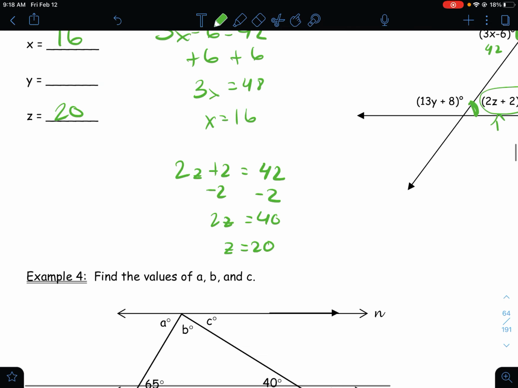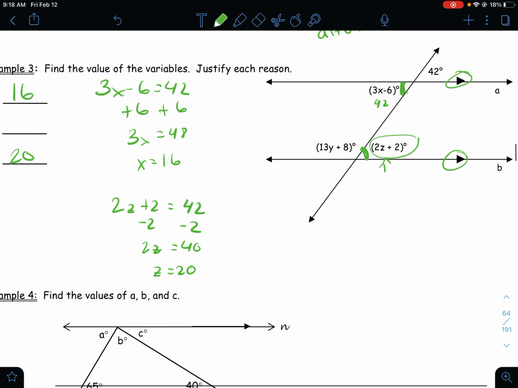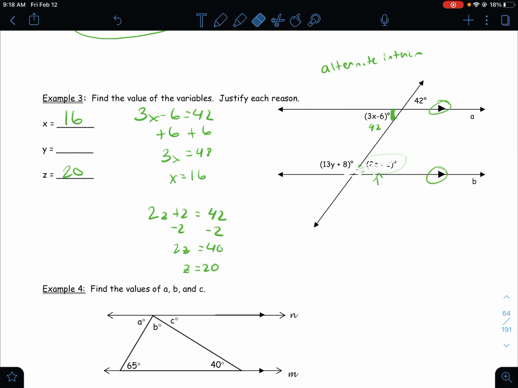All right. Then we can go ahead and try and find y here. So again, we can look at the different relationships. Personally, I would look at it and say, well, we got supplementary here. We know that this angle is 42, right? So we could figure out what the measure of this angle is.